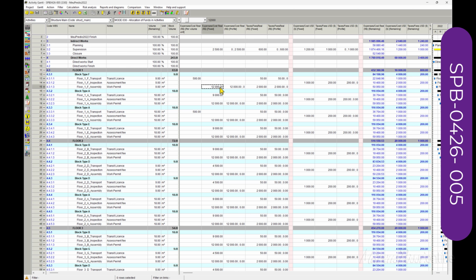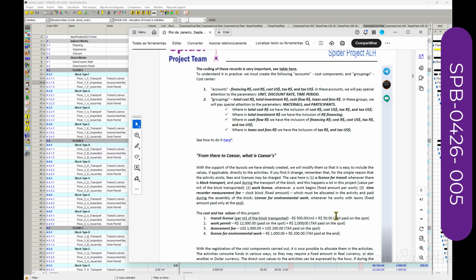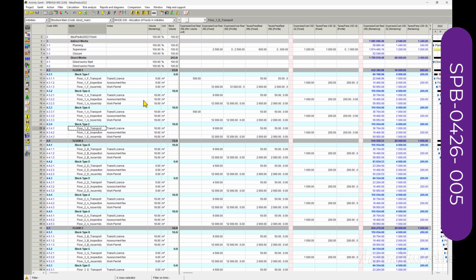Yes, fixed on spot, but it is in real. Yes, assessment fee is in dollar. Assessment fee is in dollar.